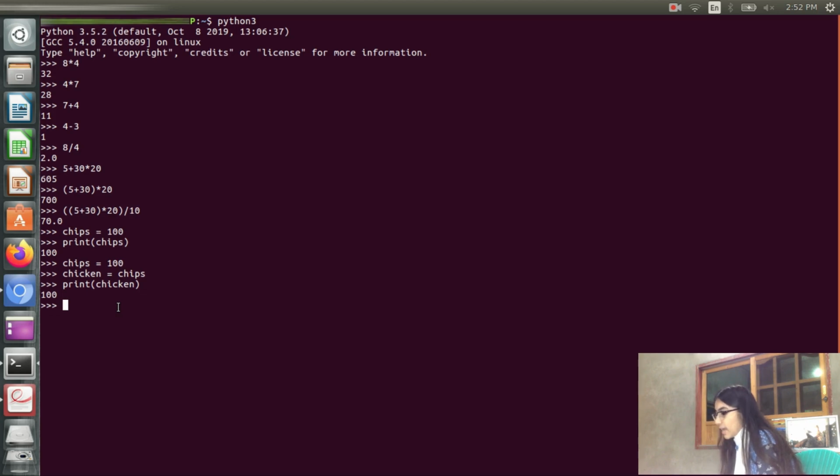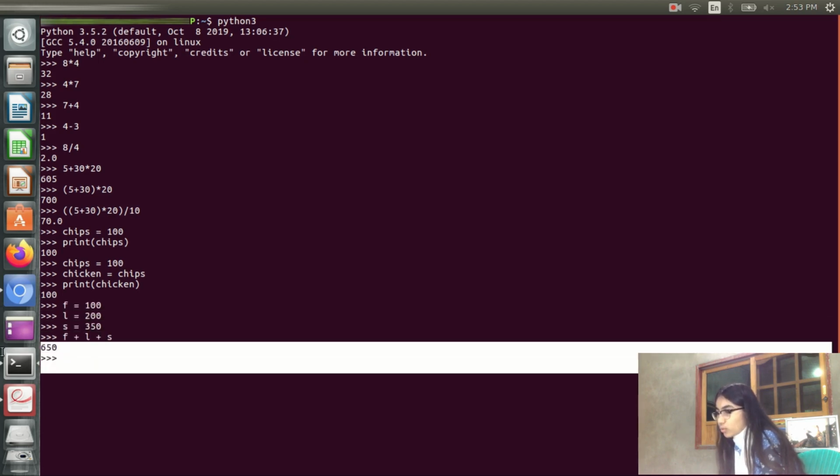Let's take another example. I am naming them f is equal to 100, L is equal to 200 and S is equal to 350. Let me type first. F is equal to 100, L is equal to 200, S is equal to 350, and if I write adding these three variables, f plus L plus S, then the answer is 650.